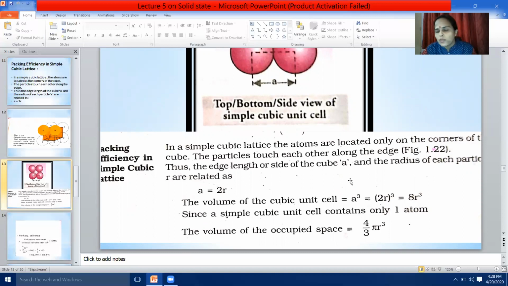So the volume of the cubic unit cell is equal to 8r cube, and the volume of the occupied space equals 4 by 3 pi r cube.